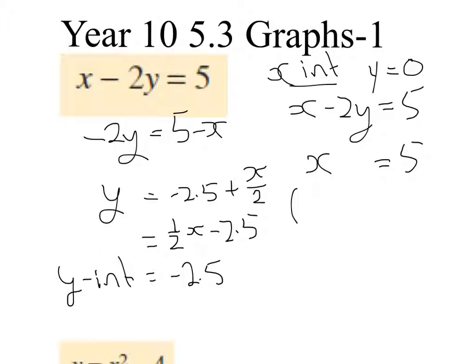For the y-intercept, x is 0, so we have 0, minus 2.5. The x-intercept, which is on the x-axis, has y equal to 0, so we have 5, 0. This is enough to plot 2 points, which will give us a linear equation.